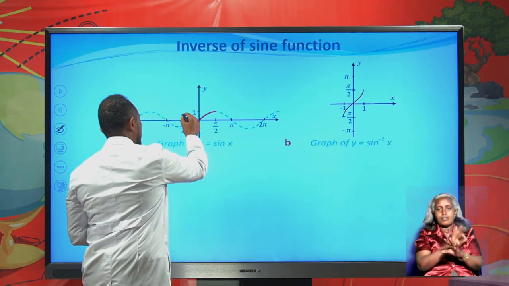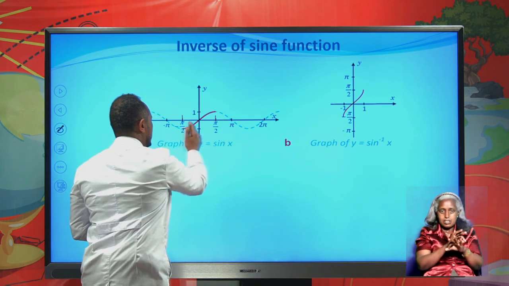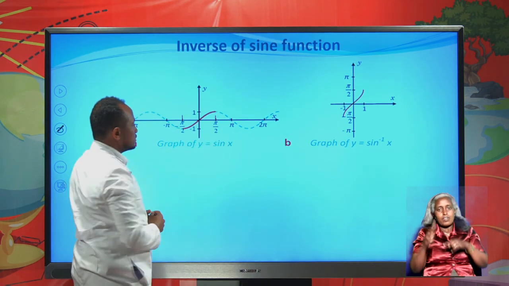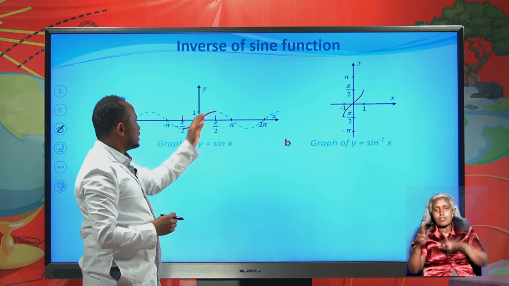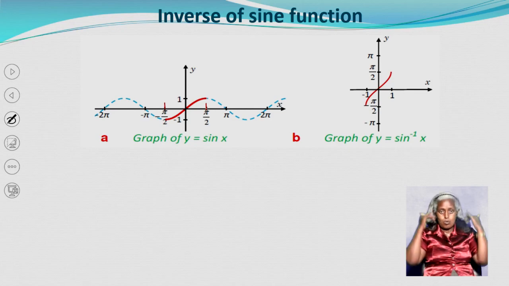If you restrict the graph of the sine function from negative pi over 2 up to pi over 2, it will be 1 to 1. I hope you know how to determine an inverse.